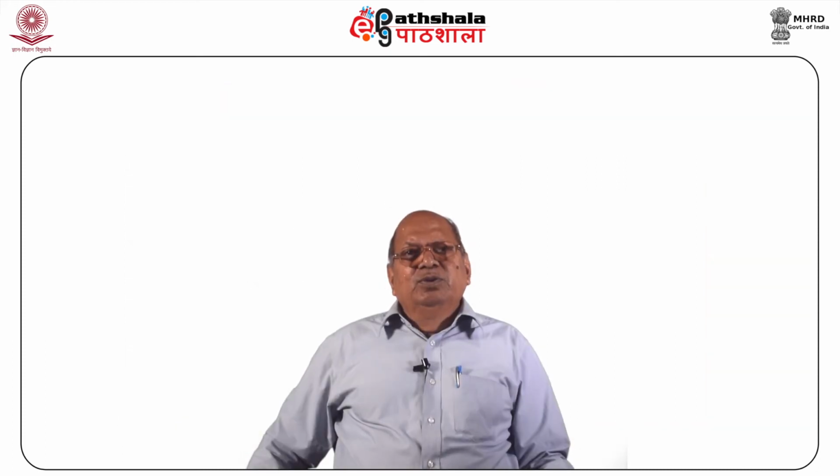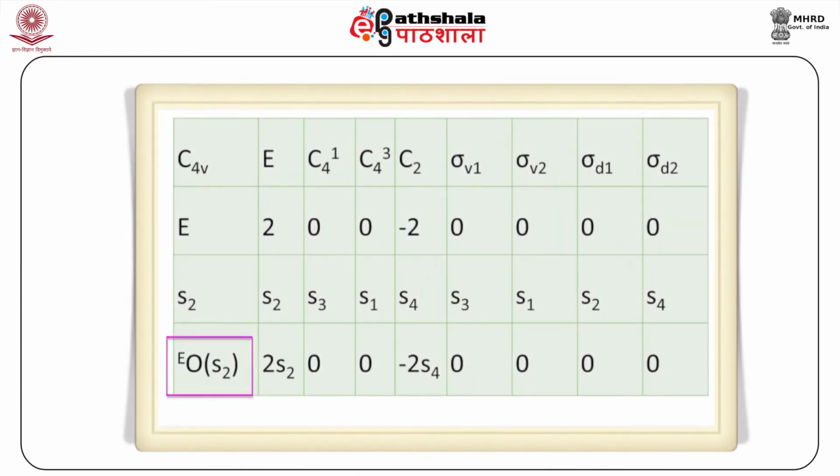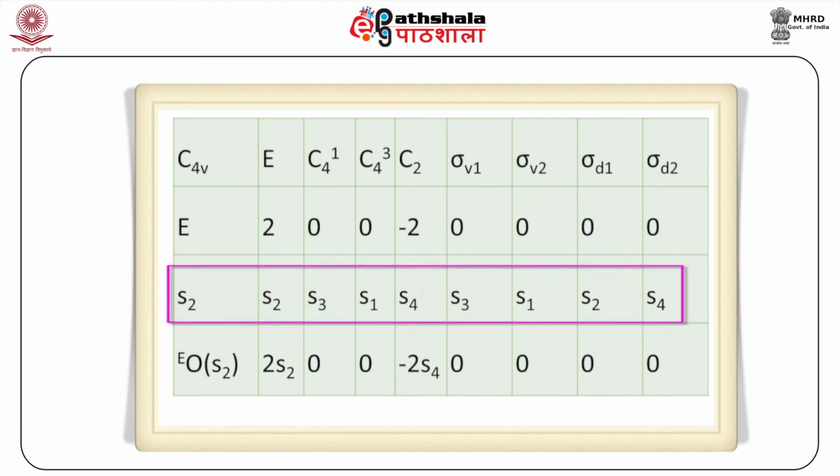Now if we make use of E on S2, that is the transformation operator corresponding to E and how it operates on S2, we will take up the symmetry operations corresponding to various transformation operators and we will go for the symmetry E. Here again I will take the function S2.